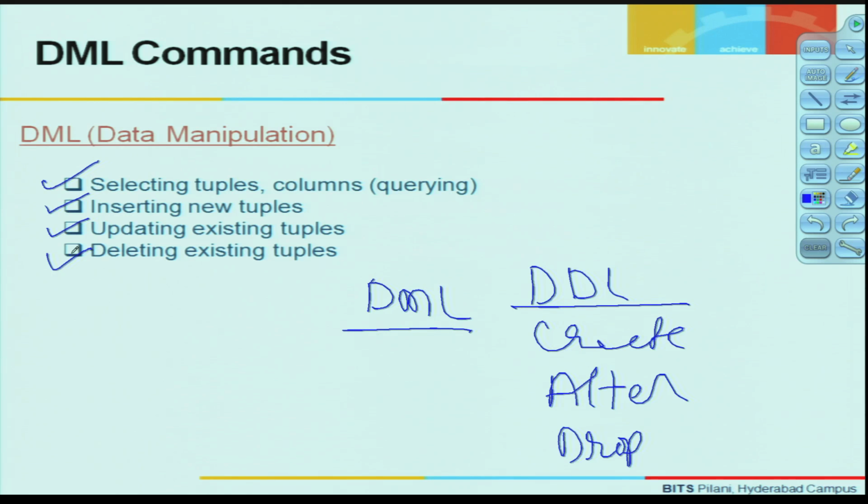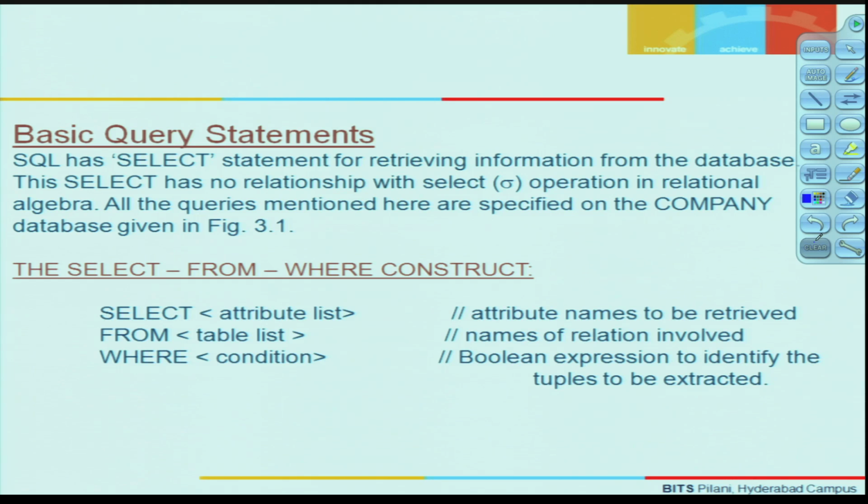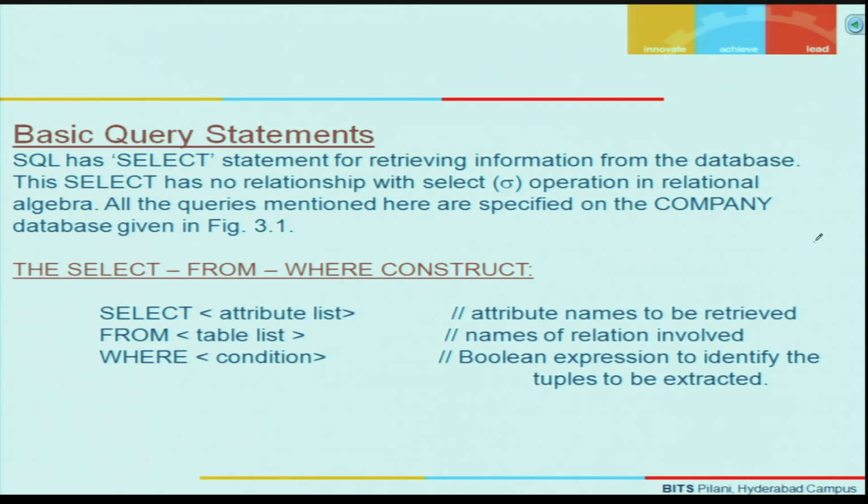All these things can be done using these DML statements. If you carefully observe, the DML commands, basic query statements in SQL, has select statement for retrieving information from database. Initially we will focus on the data retrieval or data extraction statements under this DML.